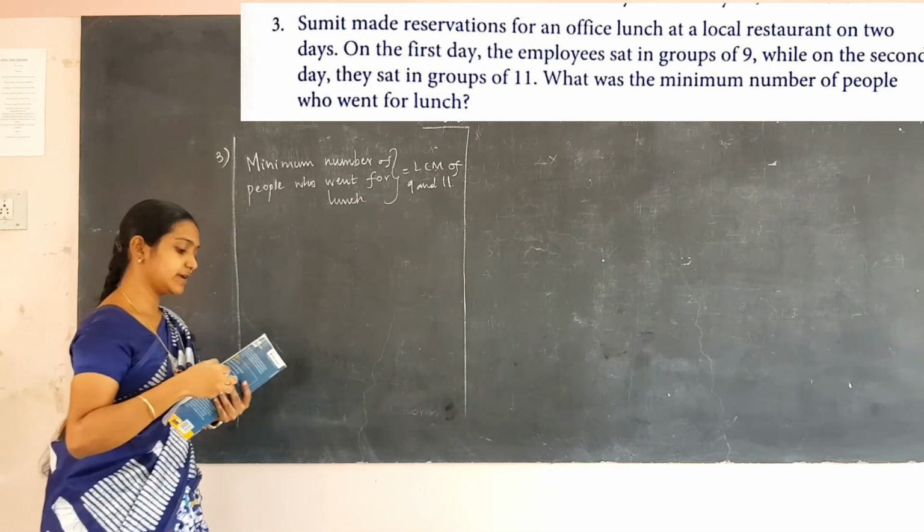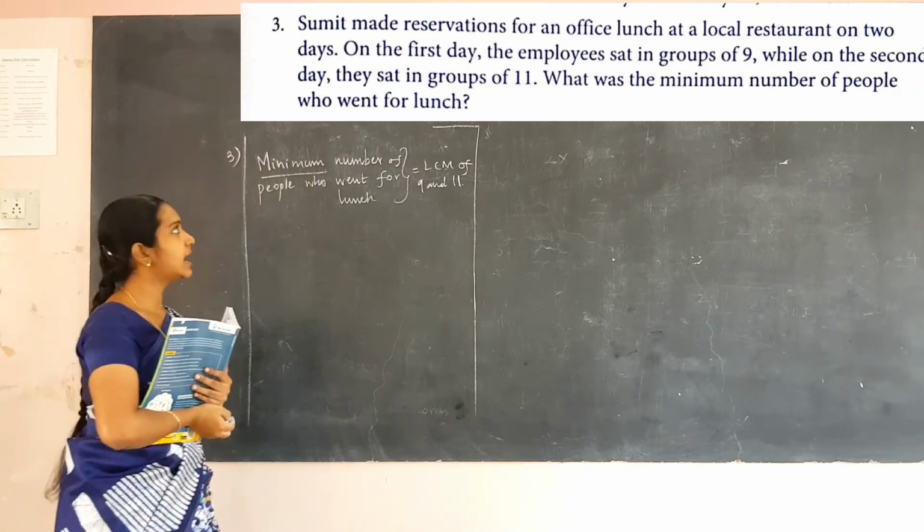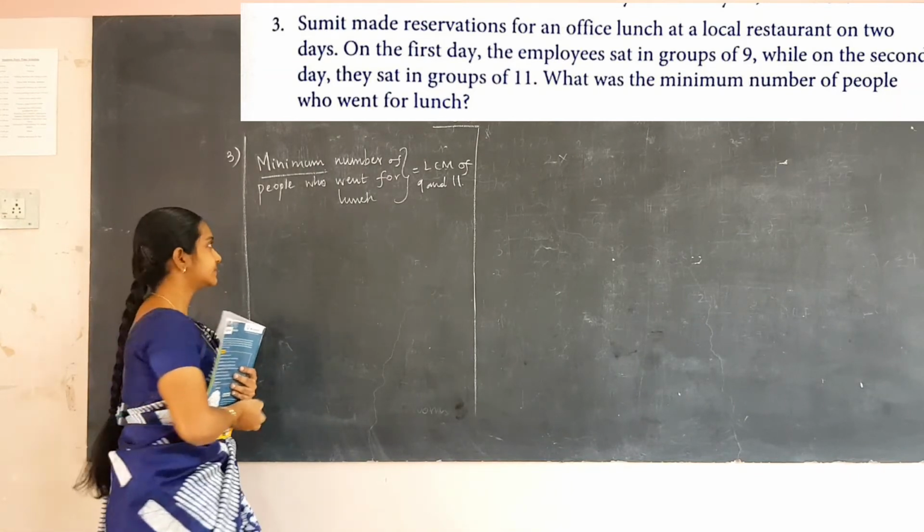In the question it is given as, what was the minimum number. Minimum means least. So we have to find the LCM.